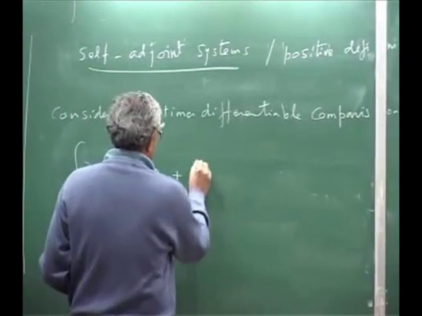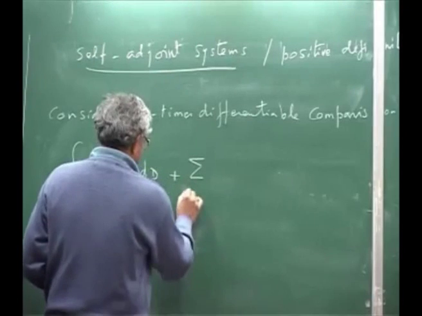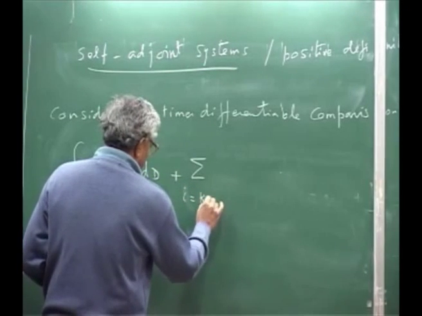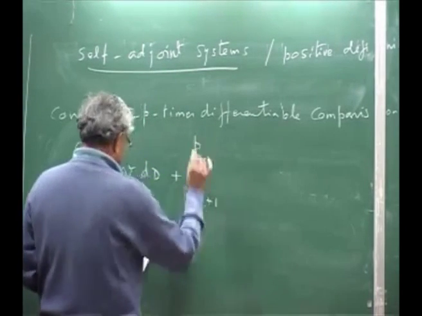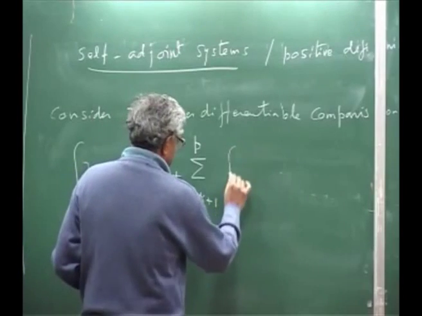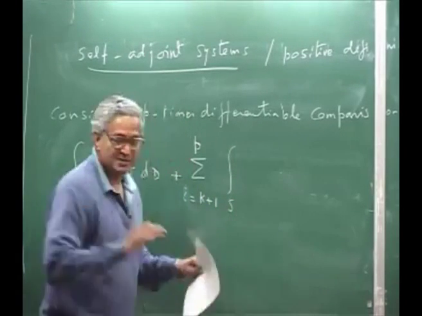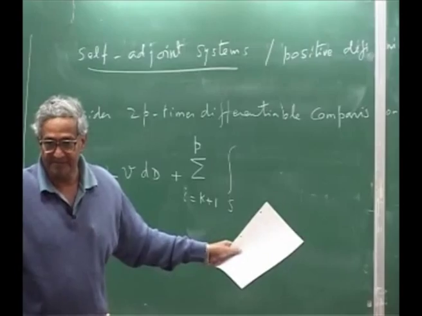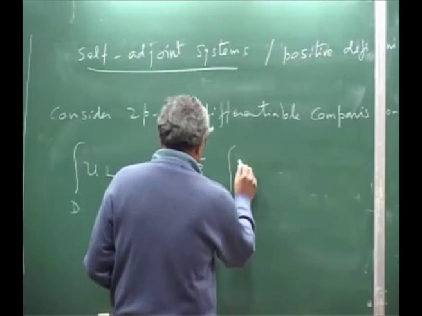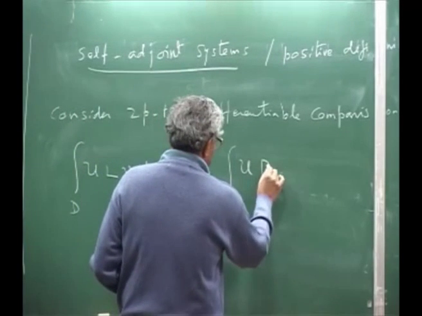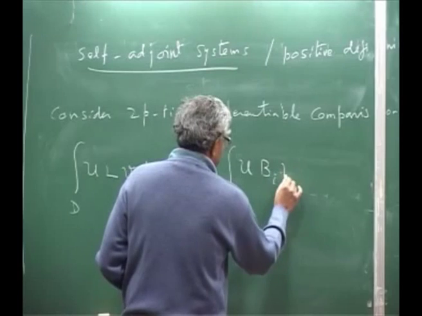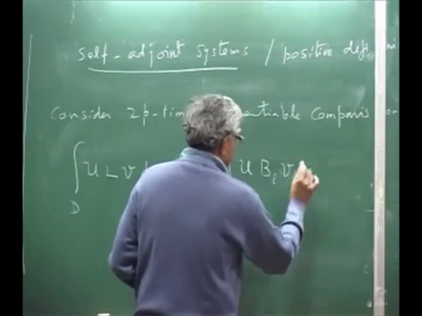Plus you put the summation, i running from k plus 1 to p. This is over a surface. Surface means only the end point, that is the boundary. You will have U, B_i V, dS.